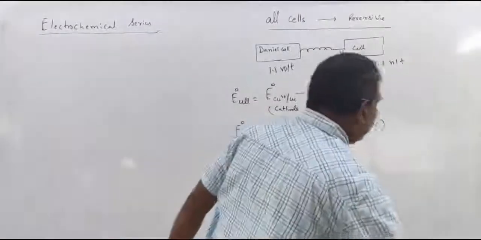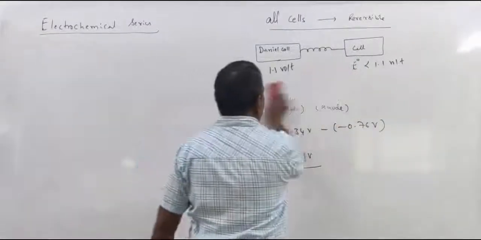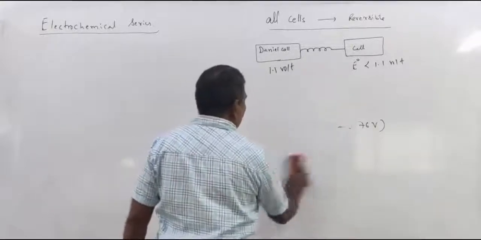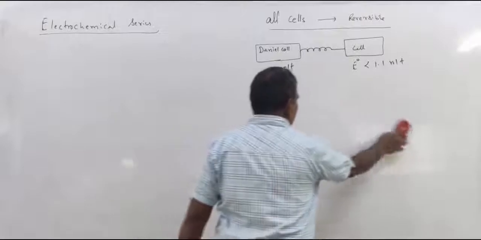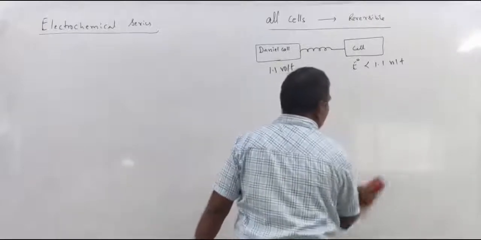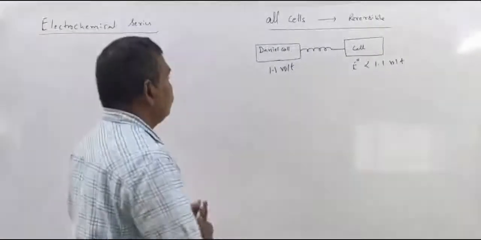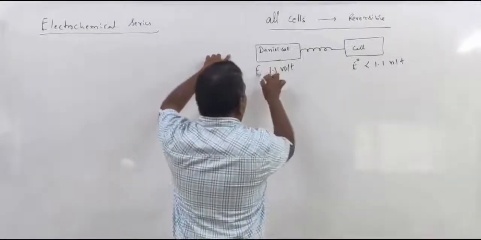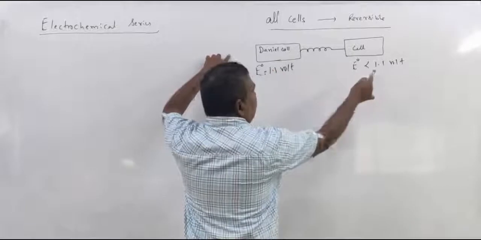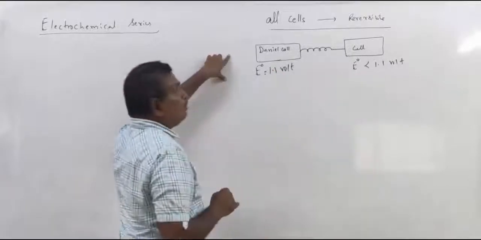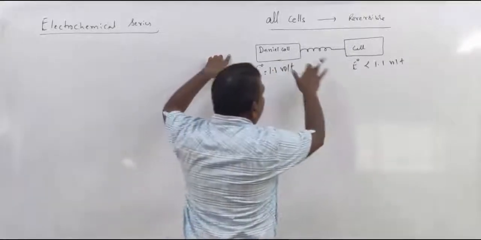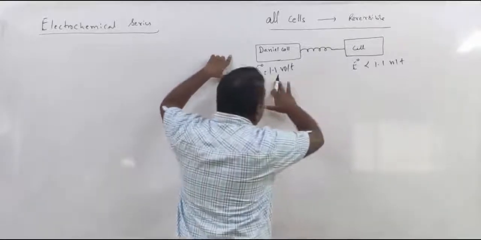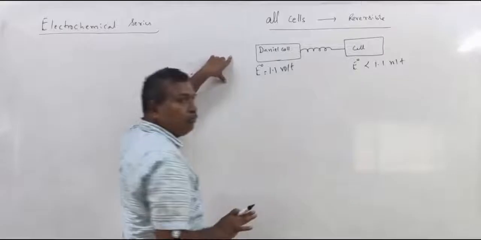Now, the other cell has E naught less than 1.1 volt. So that means this is a battery connected with another battery which has a lower potential value.